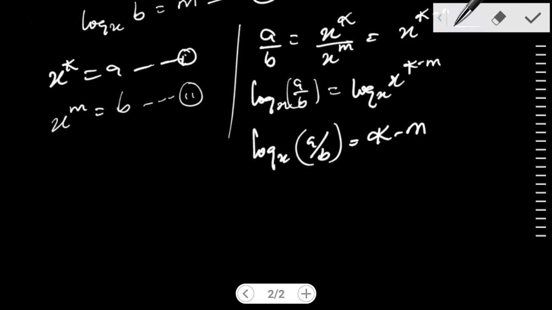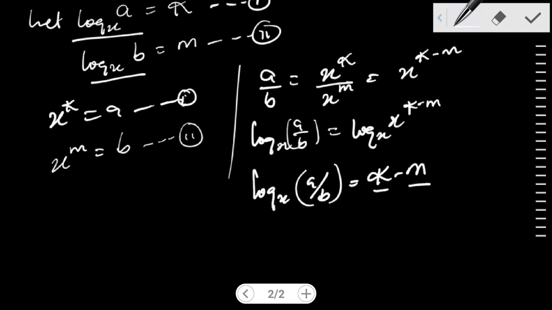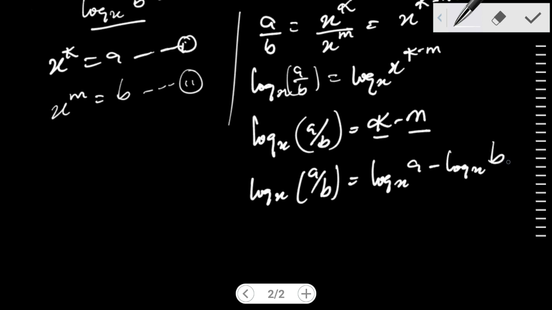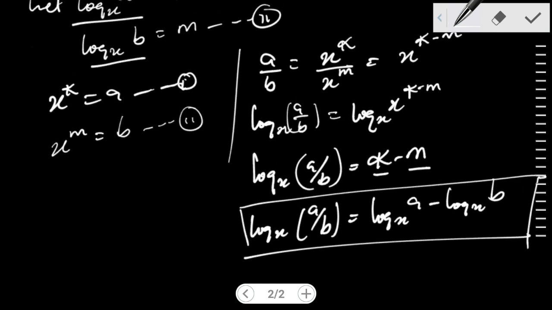But we know k and m. K is this and m is this, so log_x (a/b) equals log_x a minus log_x b. So this is how you can prove this expression.